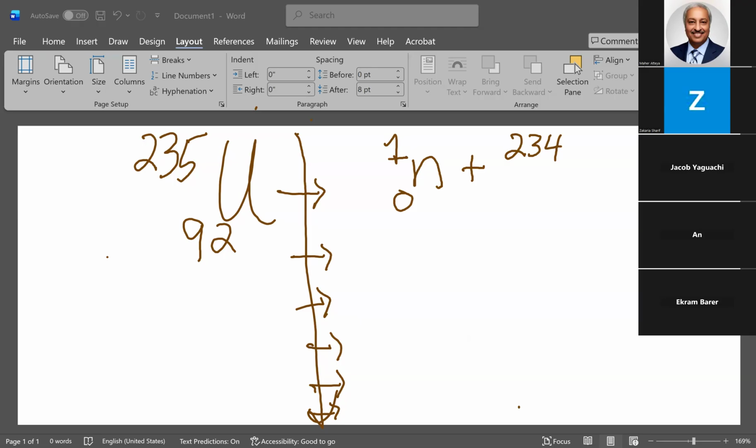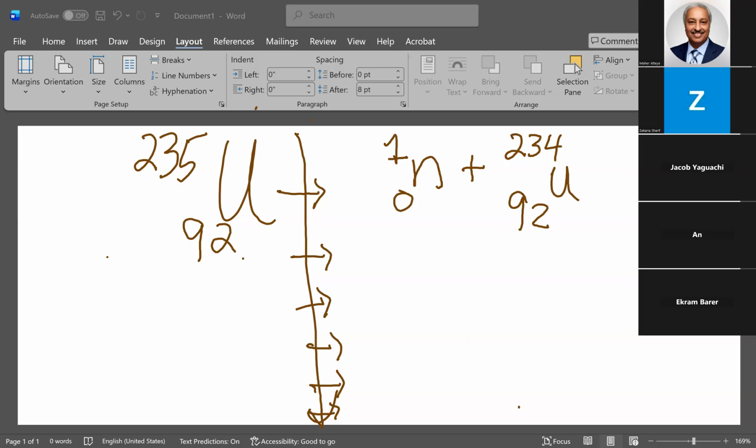You have to add all the atomic masses at the left to equal all the atomic masses at the right. Okay, guys? So then you have 92 here, correct? And this is 0, not charged, so that's 92. So the element is still uranium, because 92 plus 0 is 92. No change.